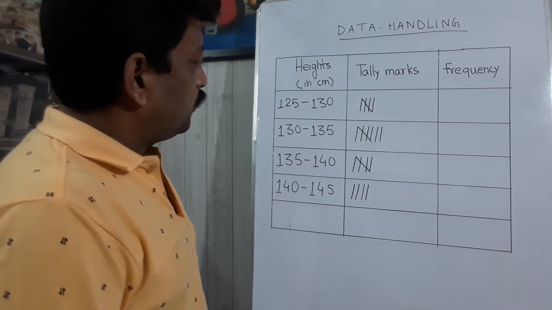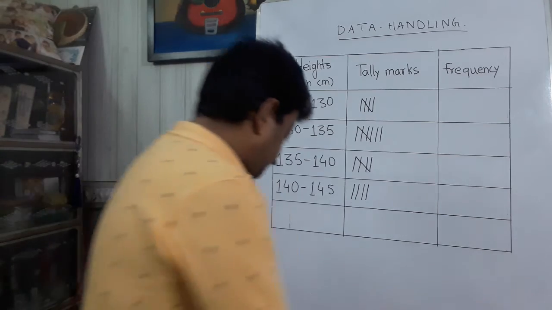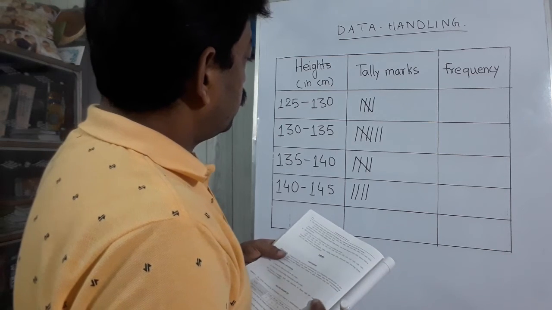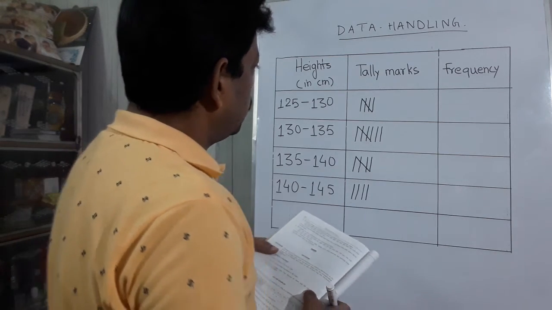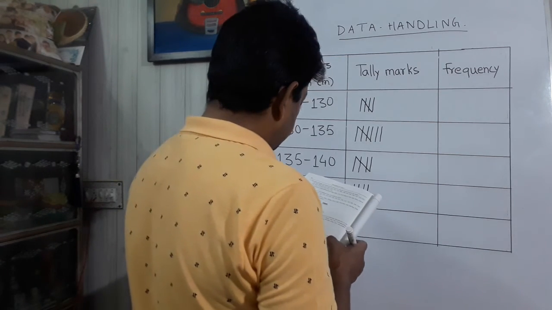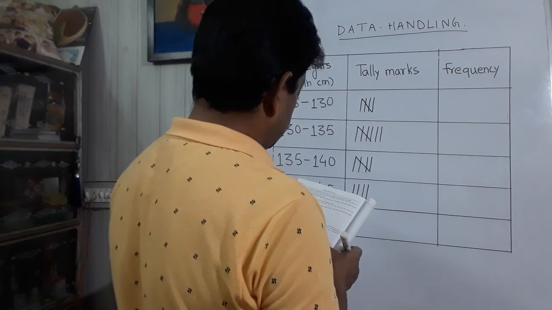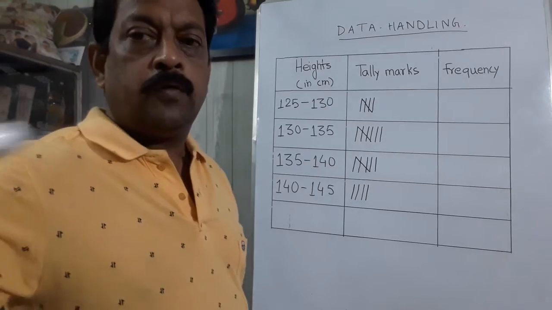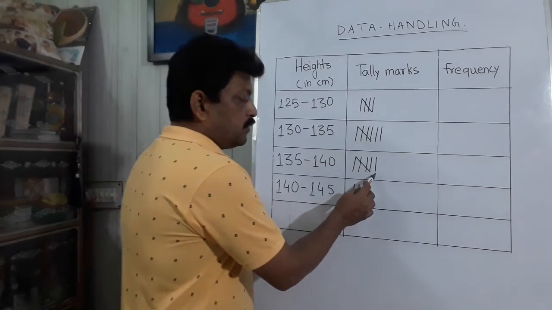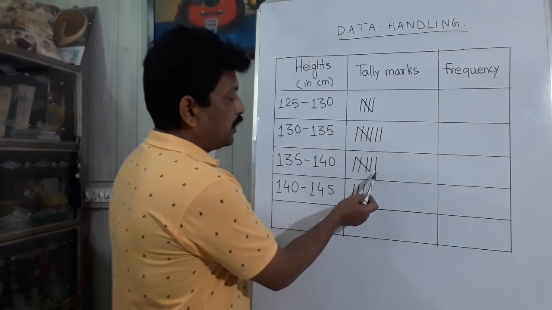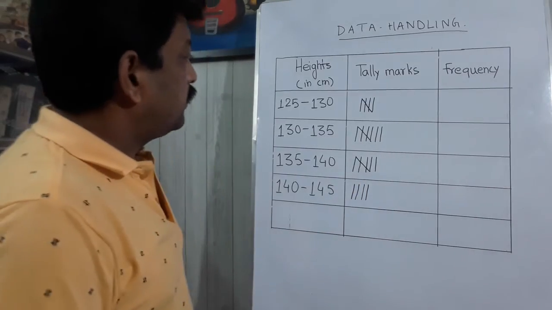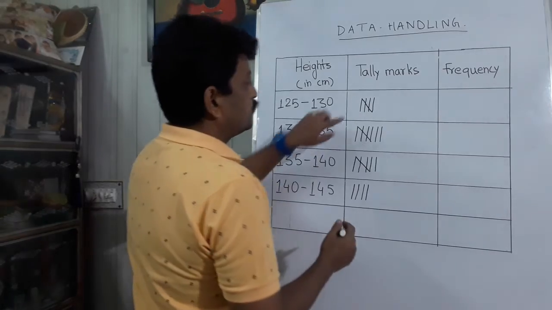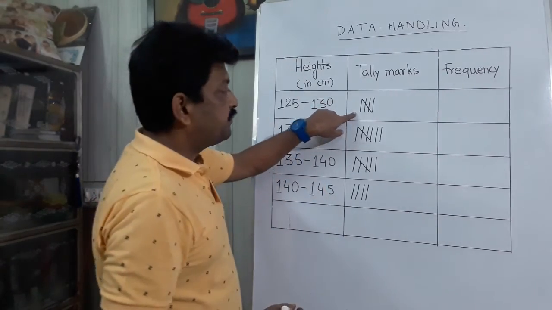Now we have to check whether 22 is coming or not, as was given. I think I have missed one. Yes, there are 6. I have missed that one. Anyway, the tally marking is completed. Now we have to count it and write the frequency. So here, as I have told you, it represents 5.